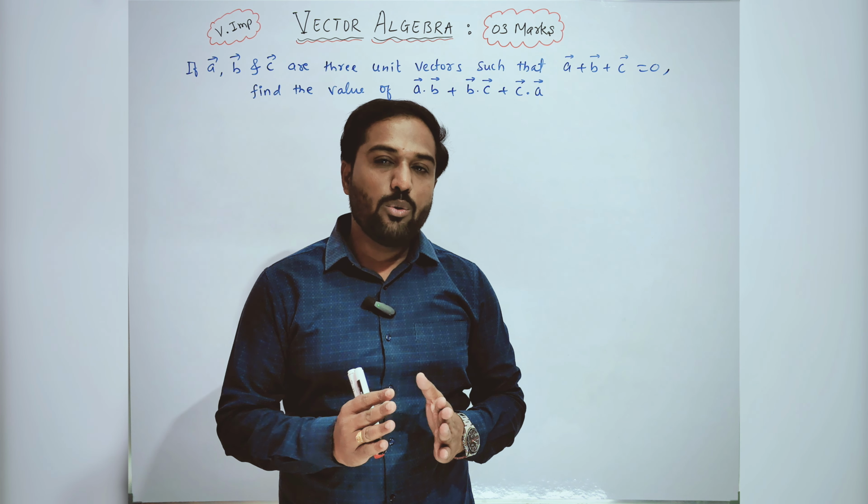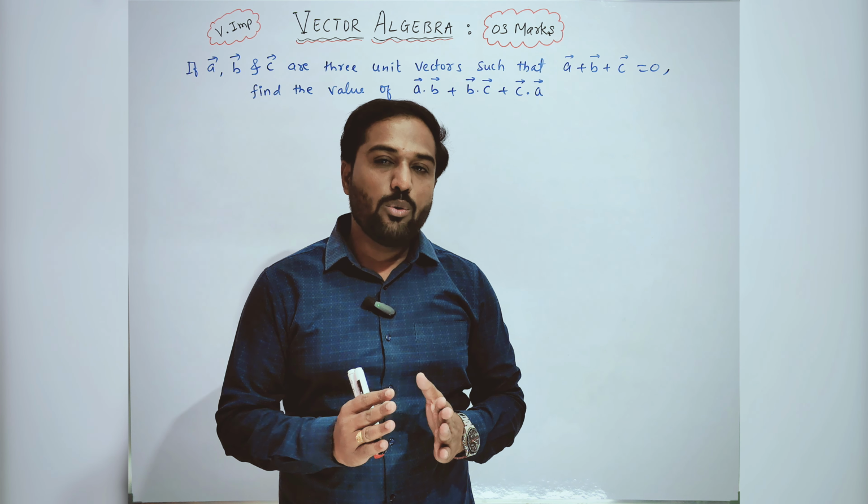Then A's value is 1, so its square as it is, plus B is also 1 and C is also 1. All 3 values are unit vectors. Substitute in this equation, plus what we need here, we need to take 2 as common. You can see all the terms have 2's. Let us take 2 as common. In the last term, what remains?